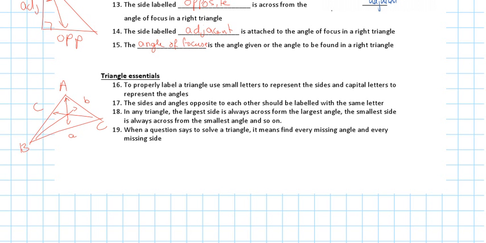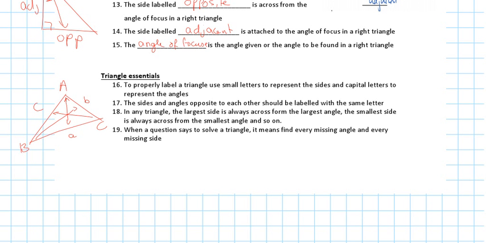If you're looking at this triangle, which side looks the biggest? Side A, yeah. And it is across from the biggest angle.